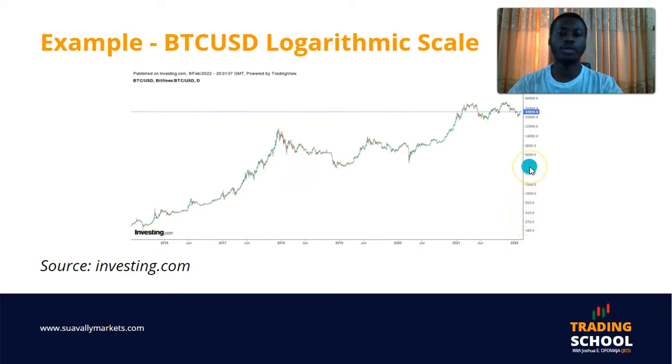I think it's a better way to look at long-term charts sometimes, because now we know how significant this move was, and this also tells us that maybe the price of Bitcoin is maturing, meaning it's becoming less volatile as the years go by.